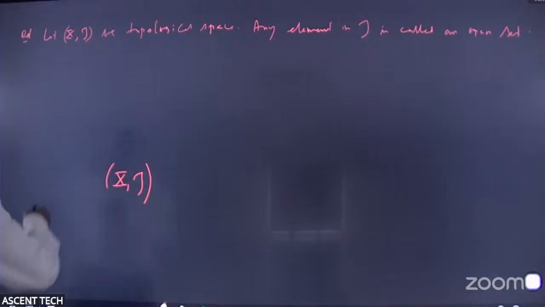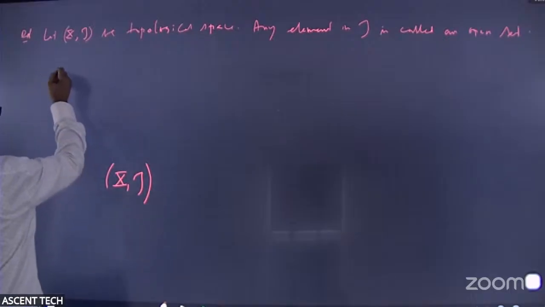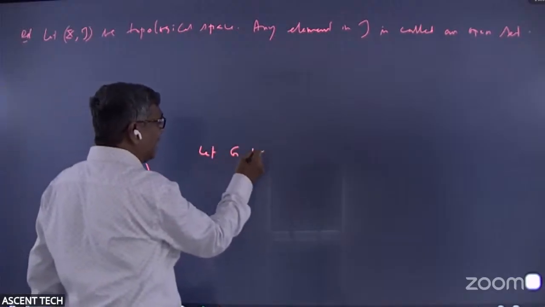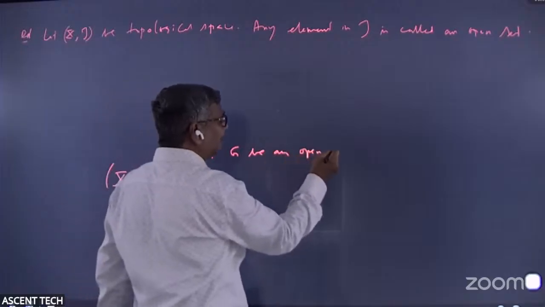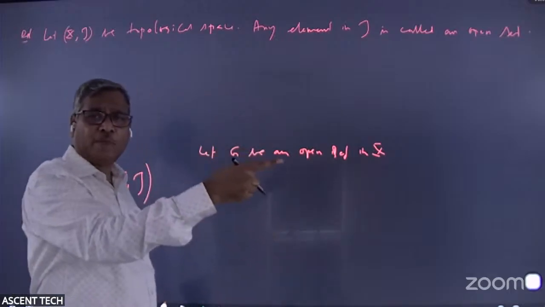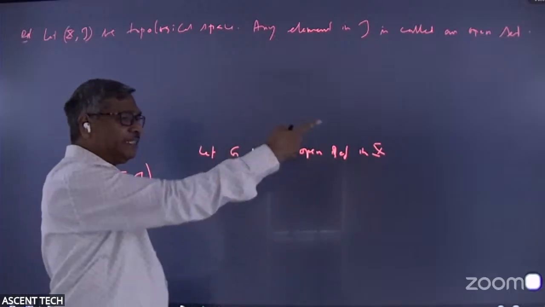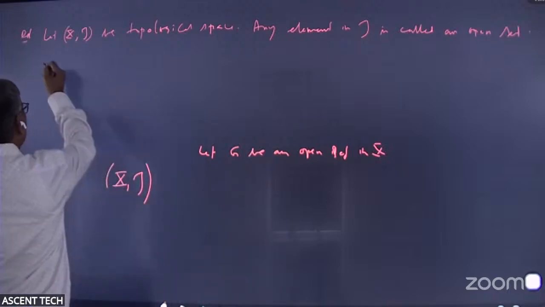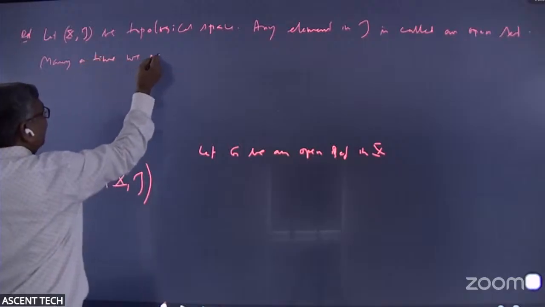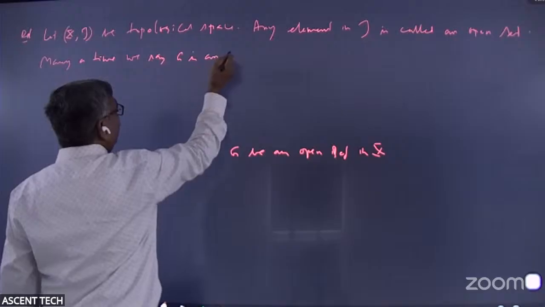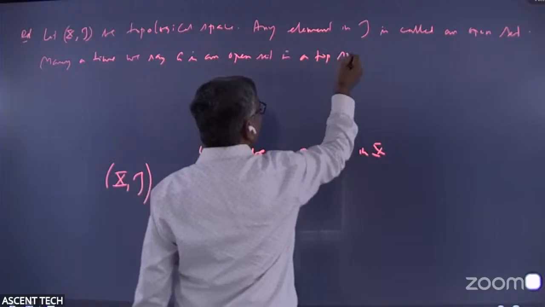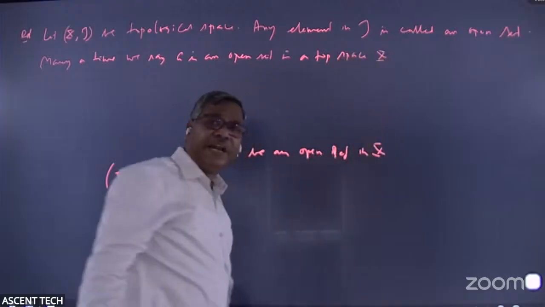Oftentimes, very loosely, I say let G be an open set in X. That means X has an underlying topology; it's endowed with some topology T, and G is an element of T. Many a time we say G is an open set in a topological space X. That is how loosely we write.